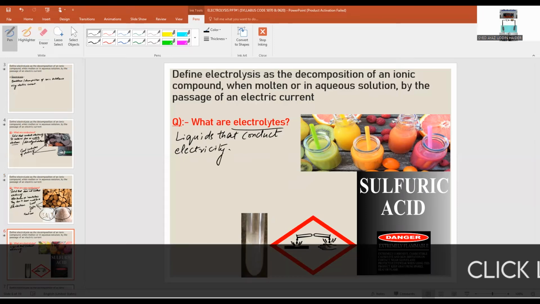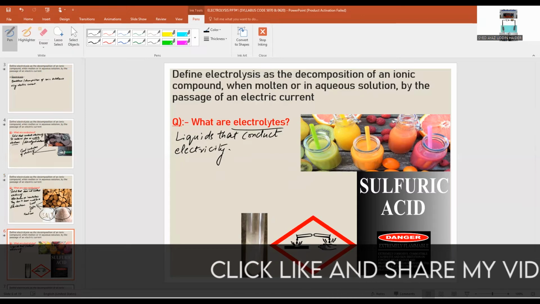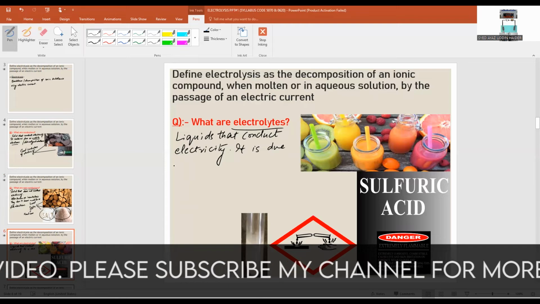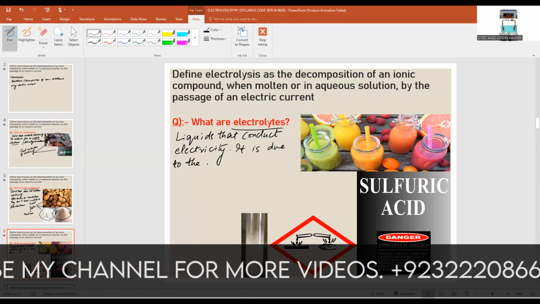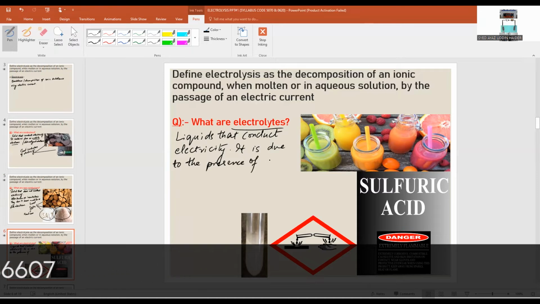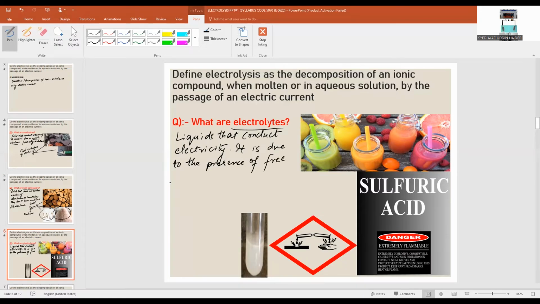Here it's due to the presence of free or mobile ions. You can include molten salts in this class.